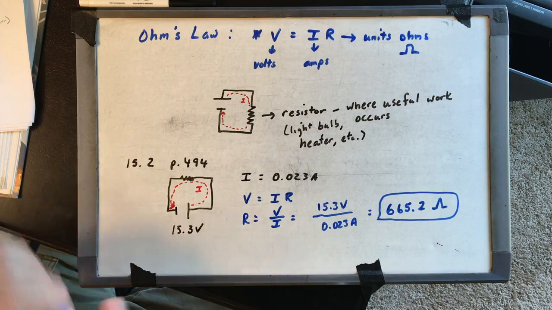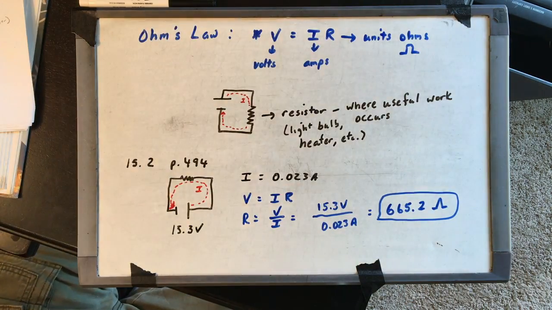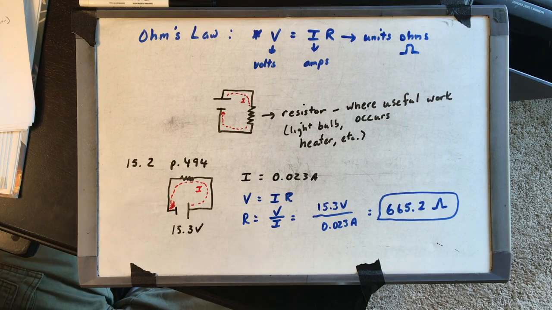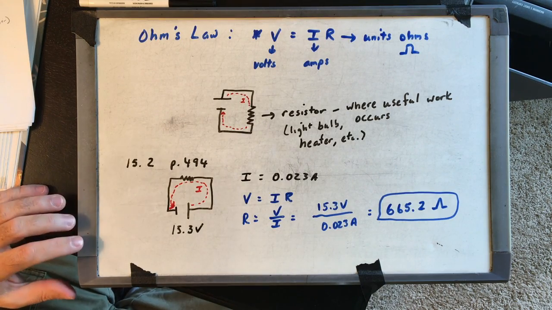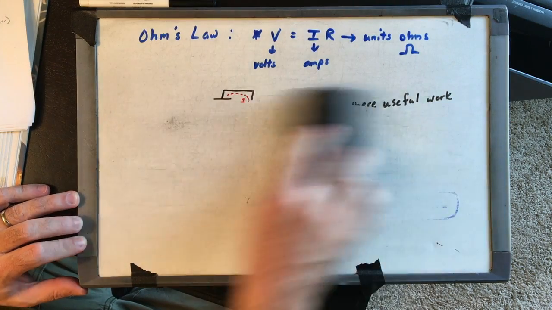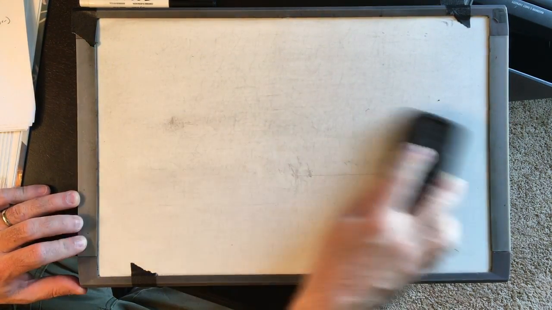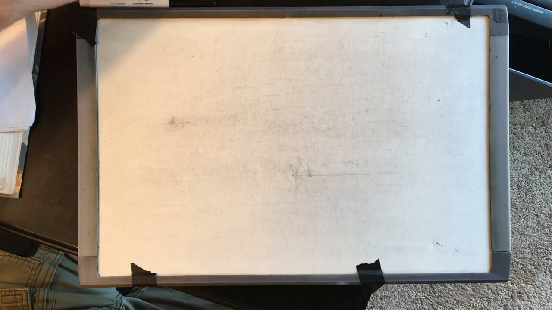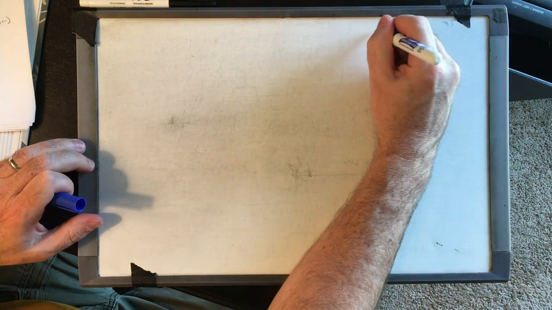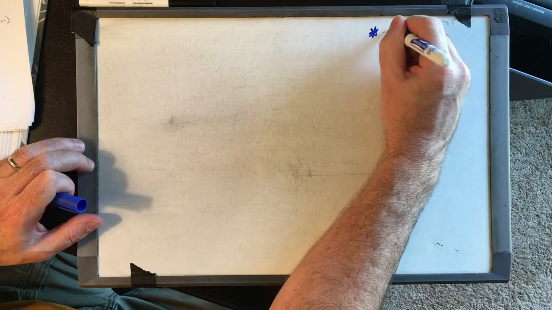So there you go. The math is not too bad, is it? All right, I'll let you pause that if you're still writing, and I will erase. Okay, let's keep V equals IR handy.